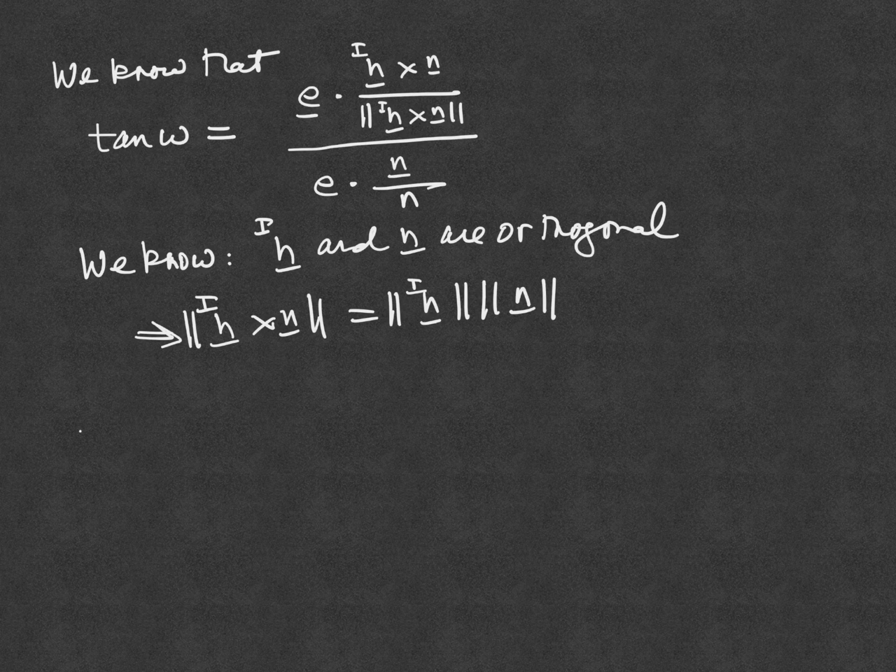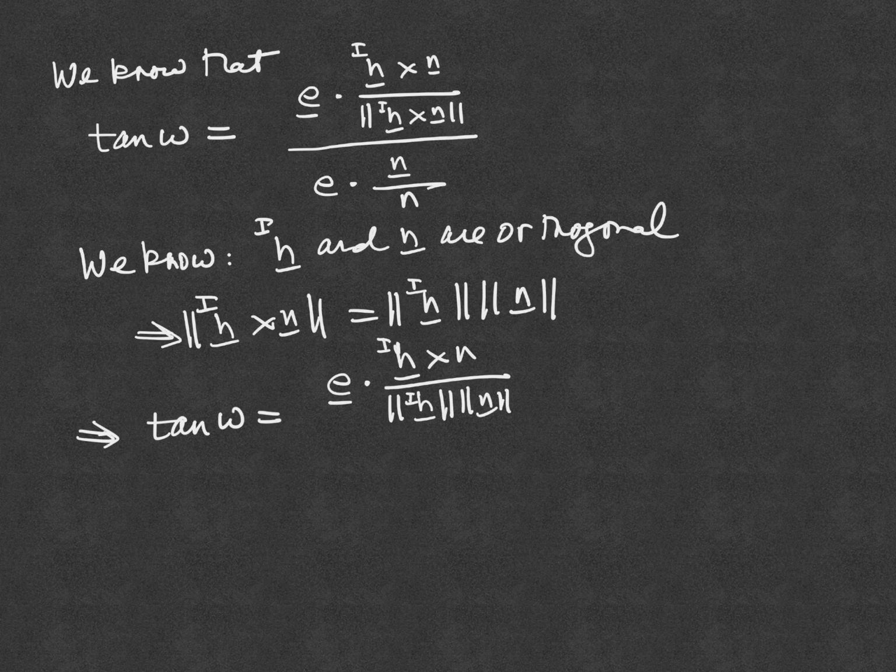I can substitute that into the expression above, and I get that the tangent of the argument of the periapsis is equal to E dotted with h crossed with n, all divided by the magnitude of h times the magnitude of n, all divided by E dotted with n over the magnitude of n.